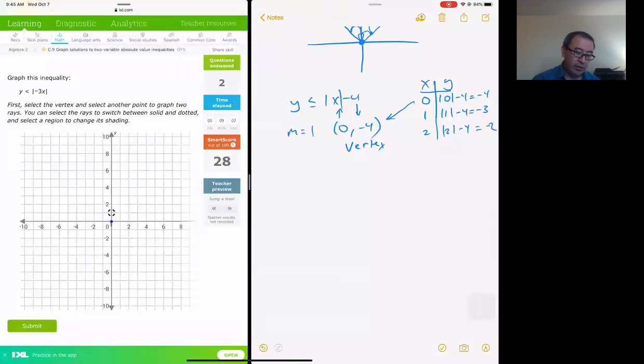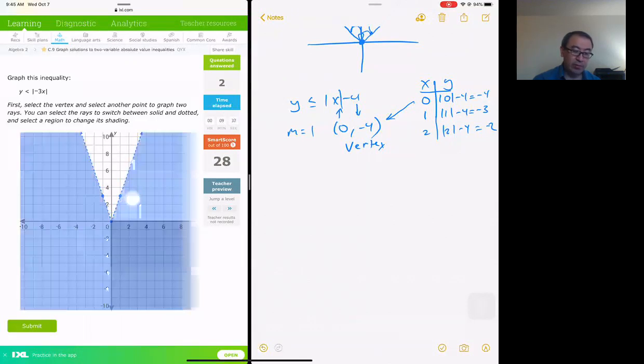So positive 1, 2, 3 over 1. So for this graph here, let me ask you, is it a solid or dotted line? Solid or dotted line? It would be dotted, right? Thank you. So we tap on the line, it changes to a dotted line, and y is less than the graph. So all the y's less than are below.